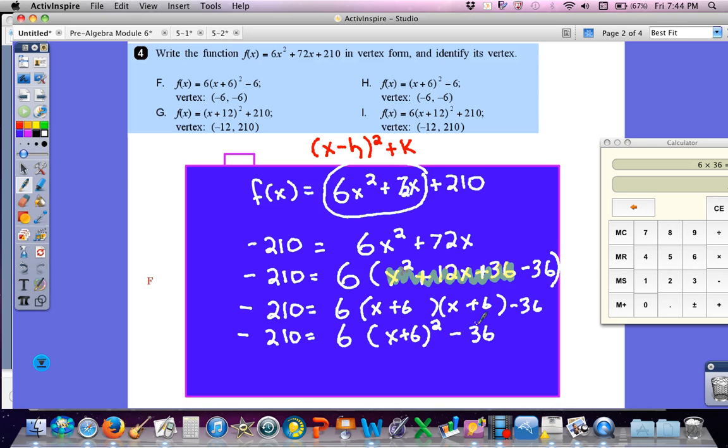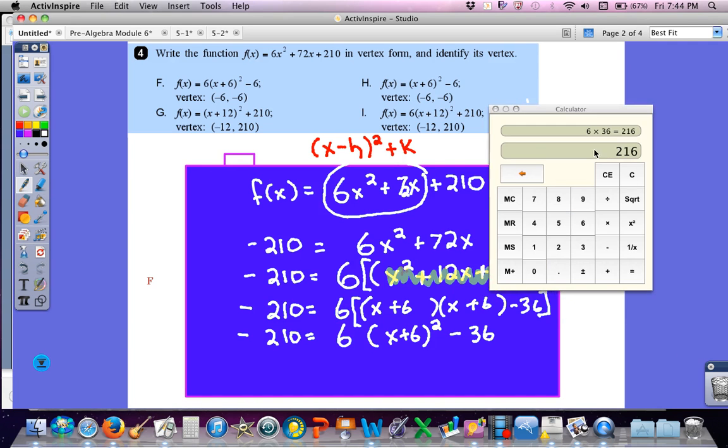Now, I'm going to want to deal with that, but for right now, actually I should have put this better. This should have all been in a bracket. I want to break this out of the bracket. So in order to do that, remember that would have been distributing 6 times negative 36.